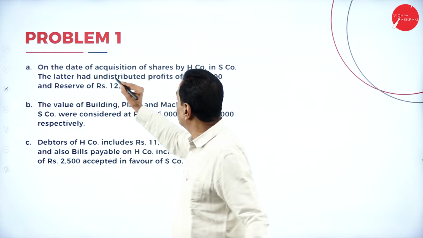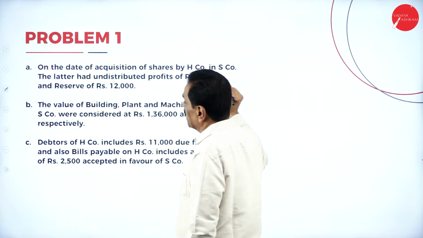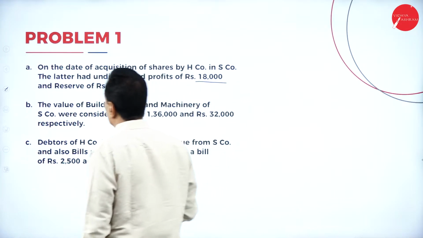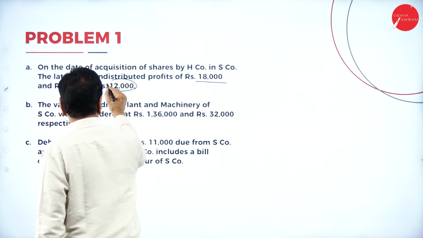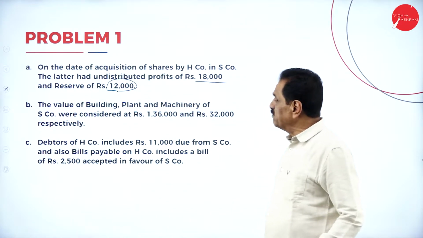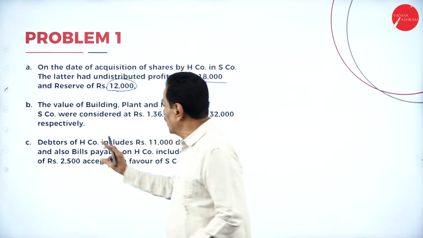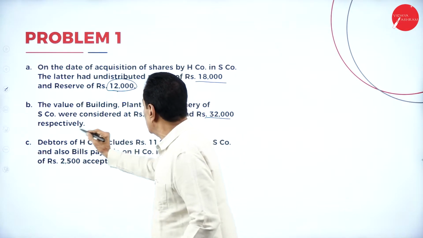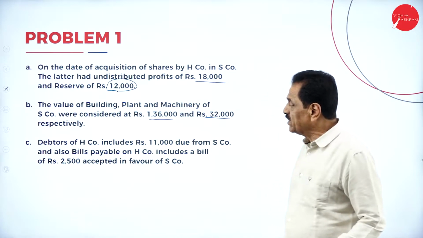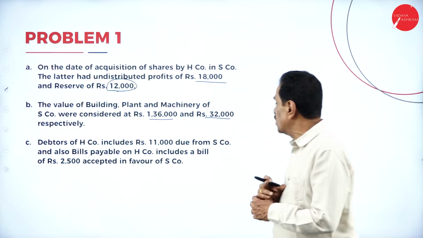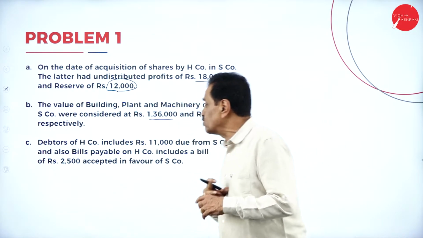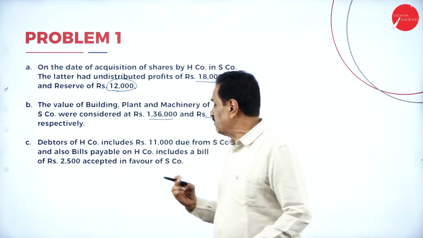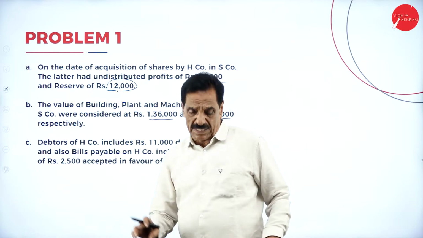Then on the date of acquisition of shares by H company, S company had an undistributed profit of 18,000 and a reserve of 12,000. I will explain this. The values of the building and plant and machinery were considered as 1,36,000 and 32,000 respectively. Debtors of H company include 11,000 due from S company, and bills payable of H company include a bill of rupees 2,000 accepted in favor of S company.